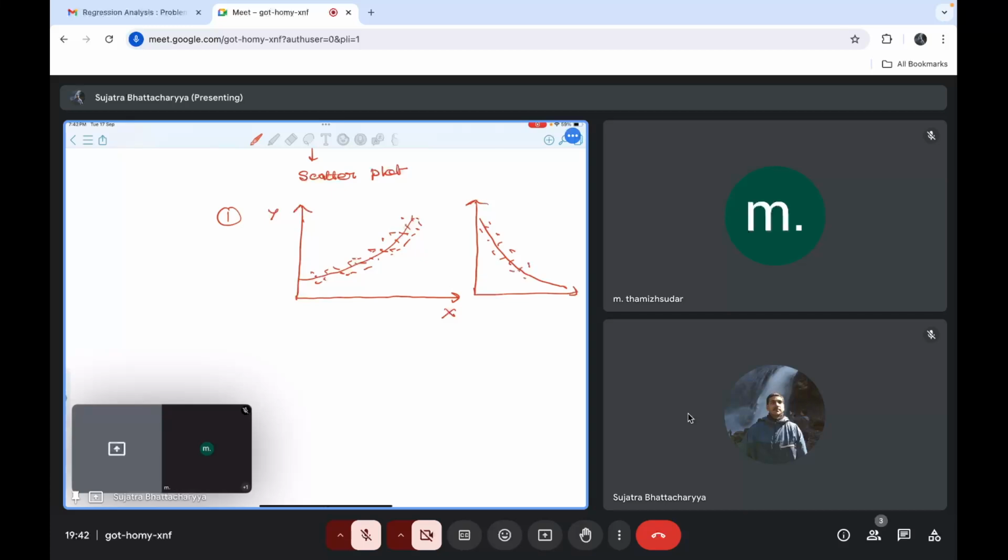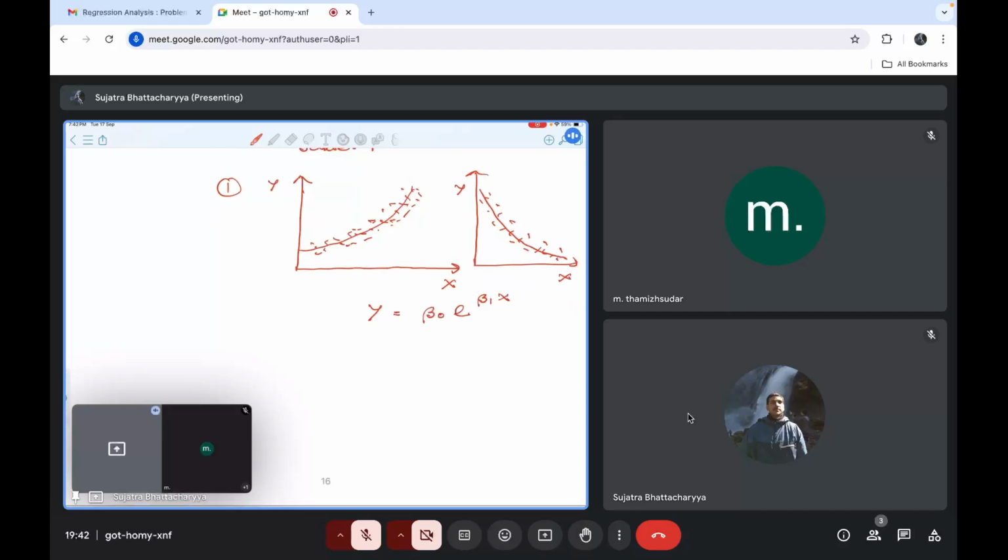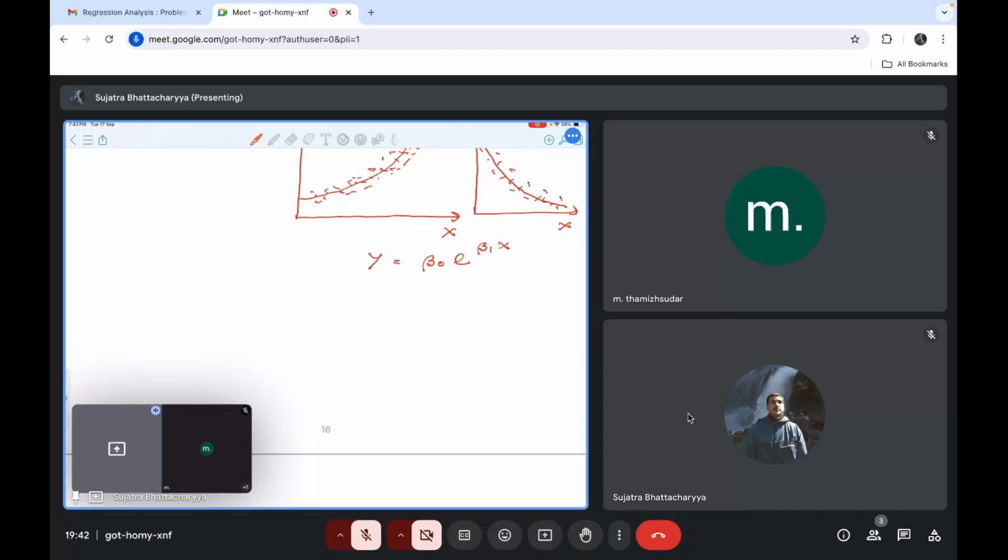So this is x, this is y. So exponential growth or decay, if you get, that means y is equal to beta naught e to the power beta 1 x. If this is what your fitting comes, then you can transform it into linearized form. How to do it? If you take log y, then this will be log of beta naught e to the power beta 1 x.